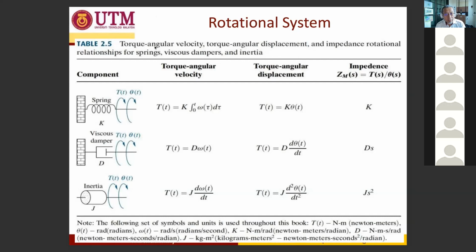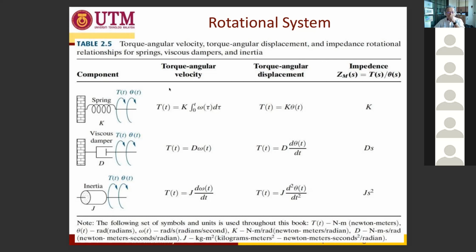But on top of that, the system is rotated. So it will give you angular velocity, angular displacement, and impedance rotational relationship for spring, viscous damper, and inertia.